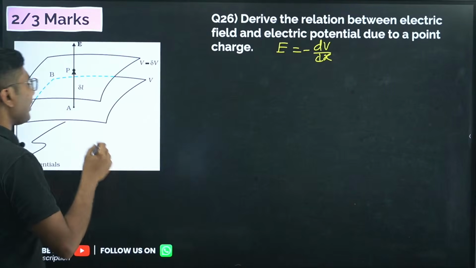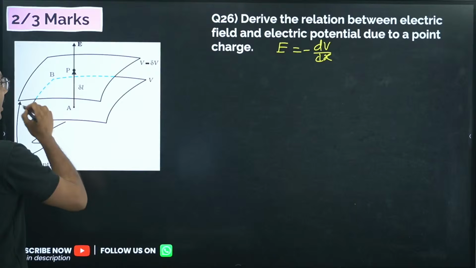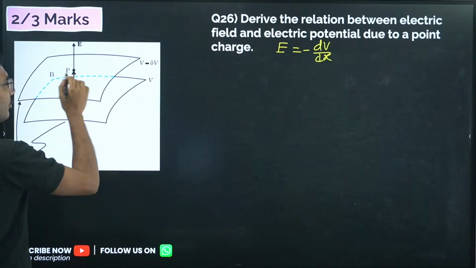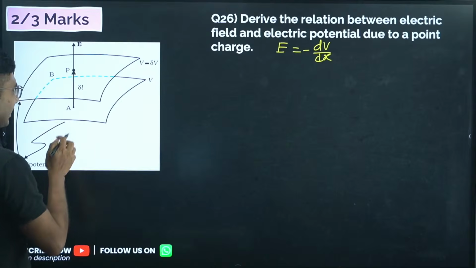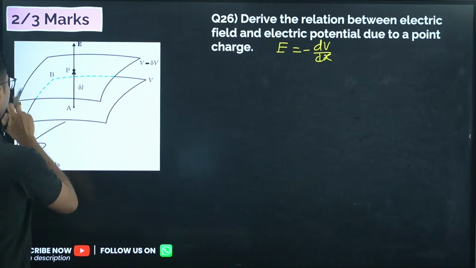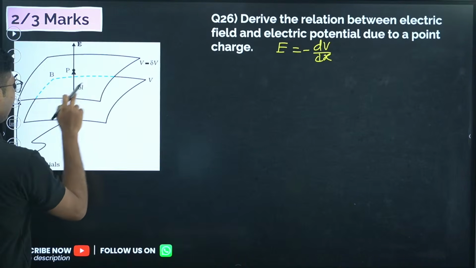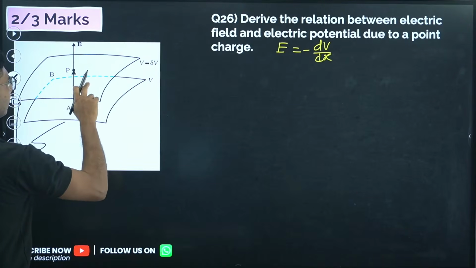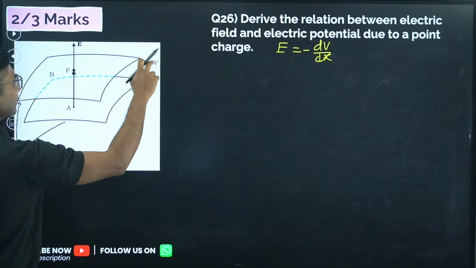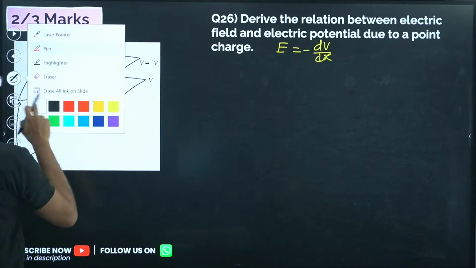Now here we have 2 equipotentials, 1 and 2, and these 2 equipotentials are parallel to each other. Let me change the notation.